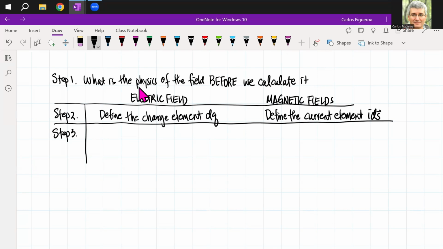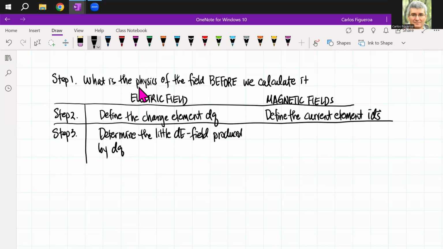This little current element, I ds, produces a little field at point P. So now we want to determine the little dE field produced by dq.